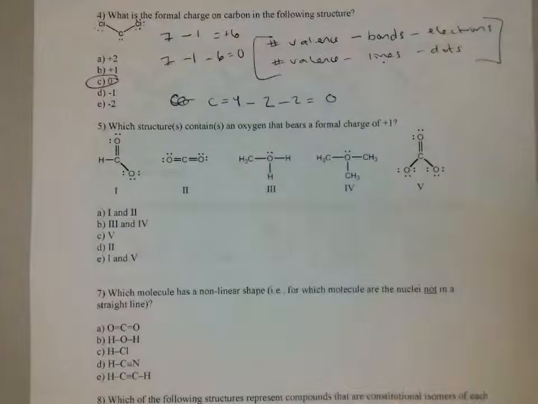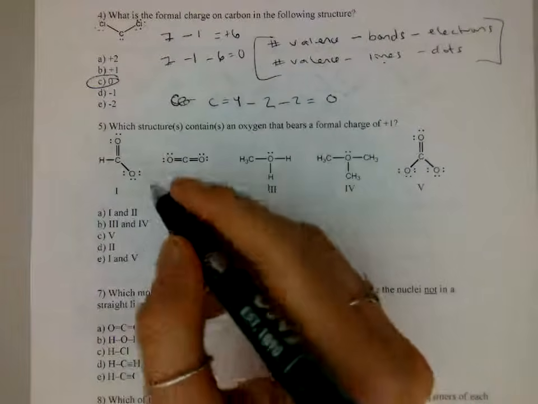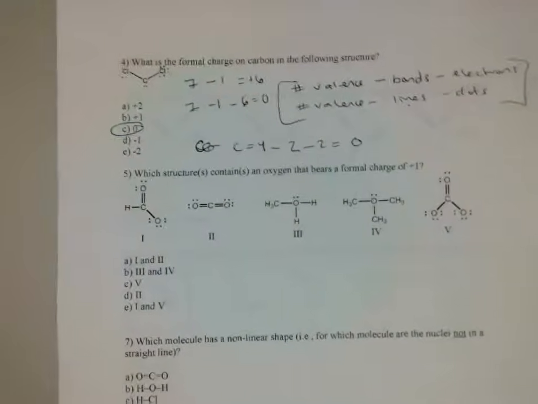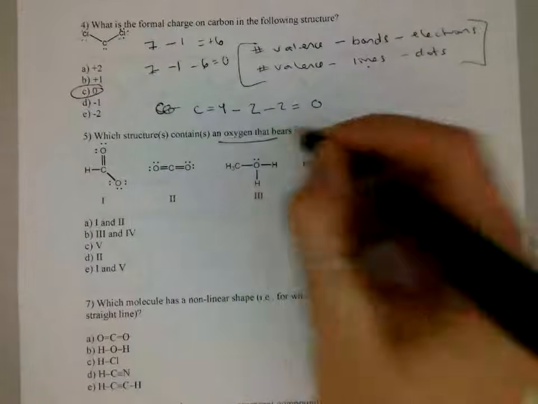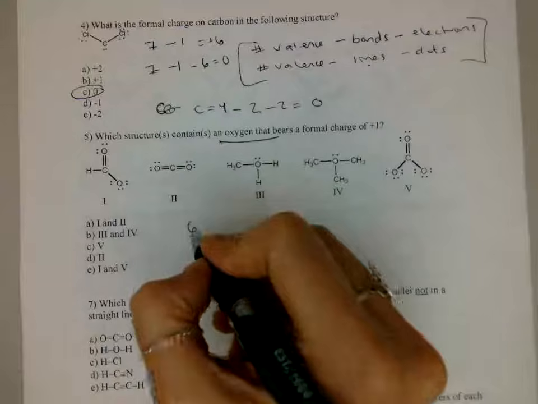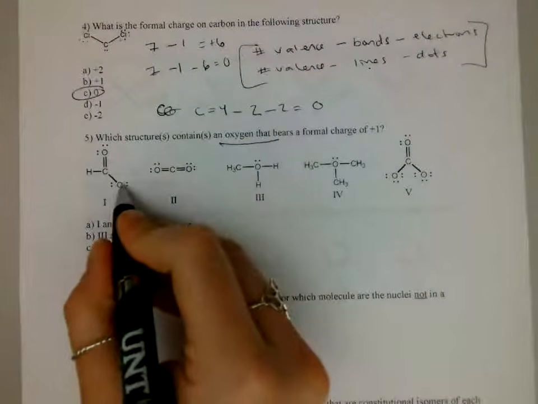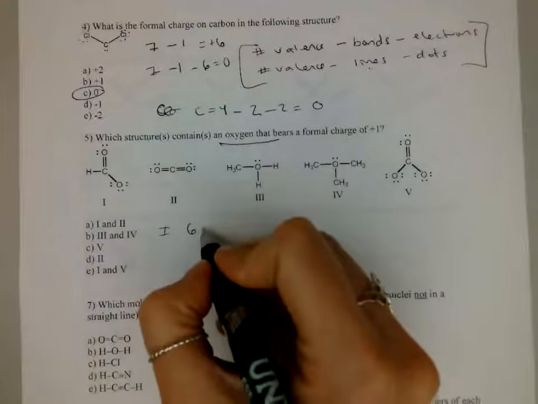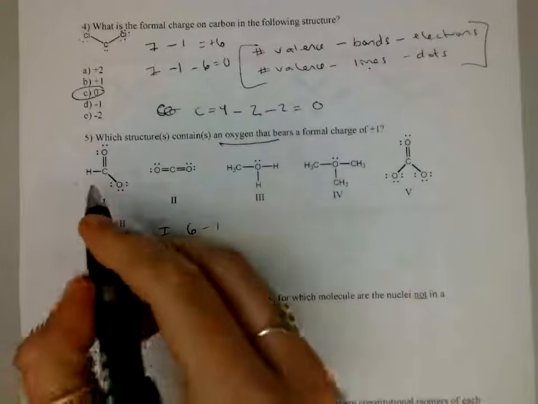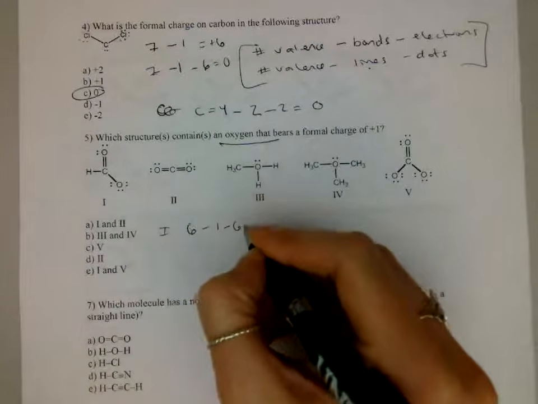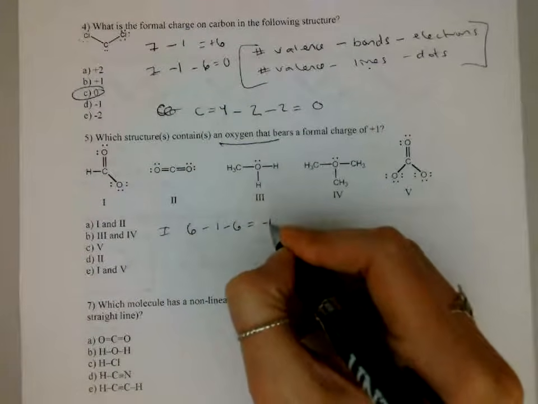Okay, which structure contains an oxygen that bears a formal charge of +1? The tricky thing about these, you want to make sure you don't find one and stop because multiple answer choices are there. So we're looking at oxygen. Oxygen starts with 6 valence electrons. So for this one, this oxygen has 6 valence electrons minus 1 bond minus 1, 2, 3, 4, 5, 6 electrons equals -1.